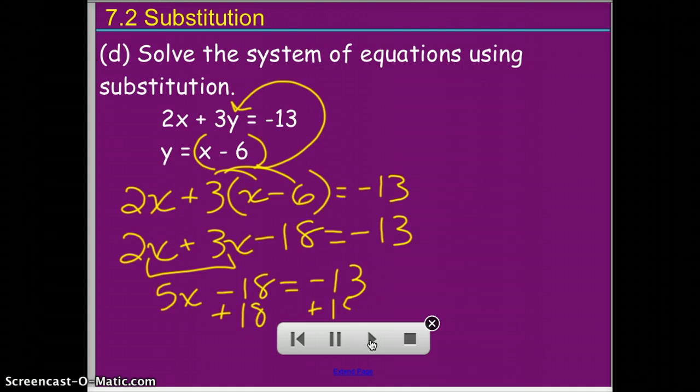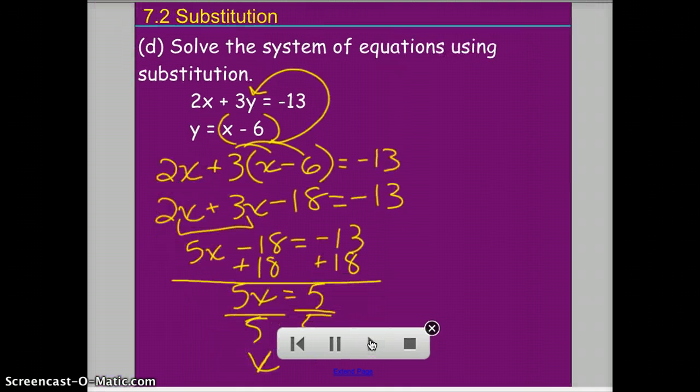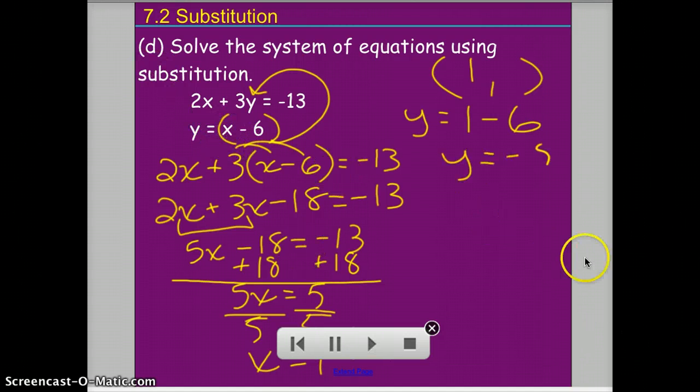Inverse operations. 5x equals 5, and therefore x equals 1. When we substitute the 1 in, I chose the second equation because it's an easy calculation, 1 minus 6, y equals negative 5. Hopefully you got that answer.